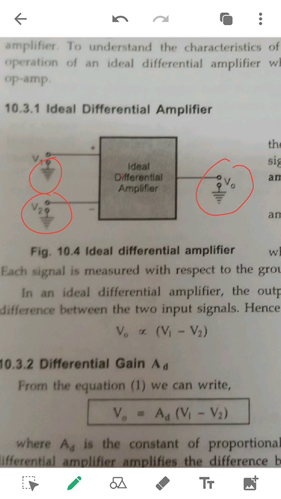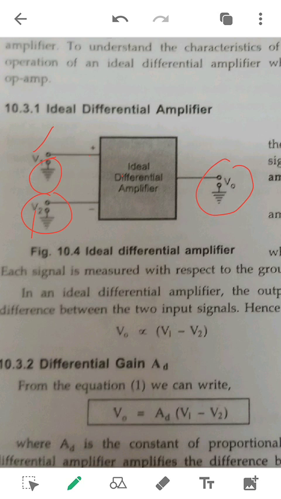The differential amplifier amplifies the difference between two input voltages. The input voltages are V1 and V2. Hence it is called a difference amplifier. So let us see, V1 and V2 are two input signals, while V0 is a single-ended output voltage.